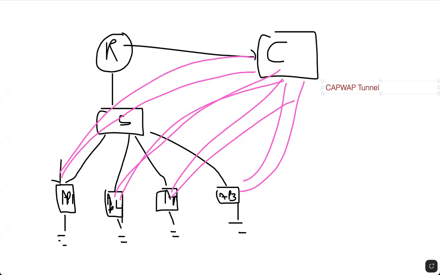So what is a CAPWAP tunnel? We have a centralized controller to manage all of these access points. That is why it's called control and provisioning of wireless access points.